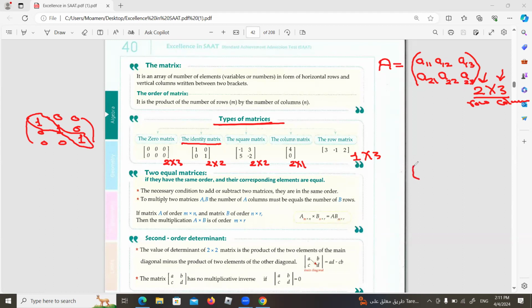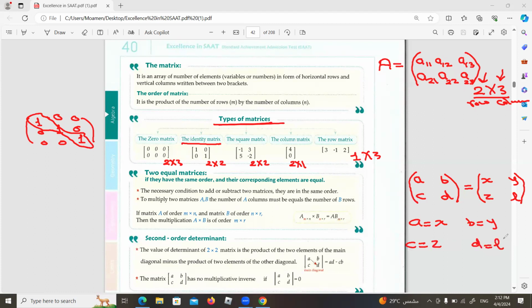If you have two matrices like this, and we need to get equality between them, the equality is satisfied if and only if, where we have A, B, C and D in one matrix, and in the other matrix X, Y, Z and L. These two matrices are equal if and only if A equals X, B equals Y, C equals Z, and D equals L. If this condition is satisfied, the two matrices are equal. Okay, so this is the equality between two matrices.